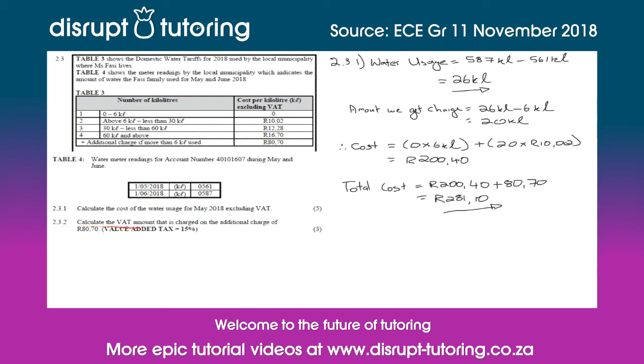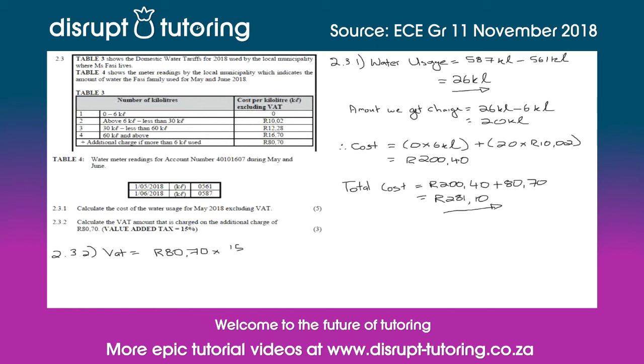And then on to the next question. It says calculate the VAT amount that is charged on the additional charge of the 80 Rand and 70 cents. Value added tax, which is VAT, is at 15%. So for 2.3.2, VAT is going to equal your 80 Rand and 70 cents multiplied by the 15%.